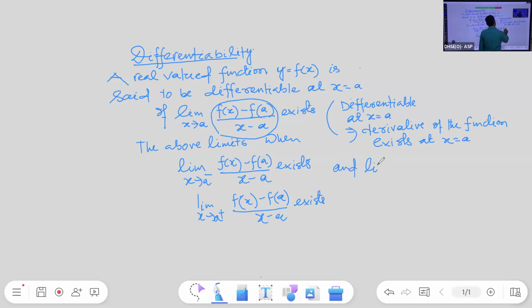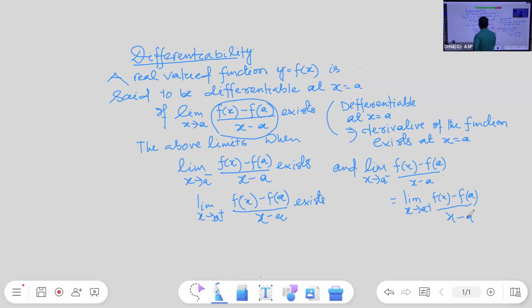and the limit as x extends towards a minus of f of x minus f of a upon x minus a equals the limit as x extends towards a plus of f of x minus f of a upon x minus a.